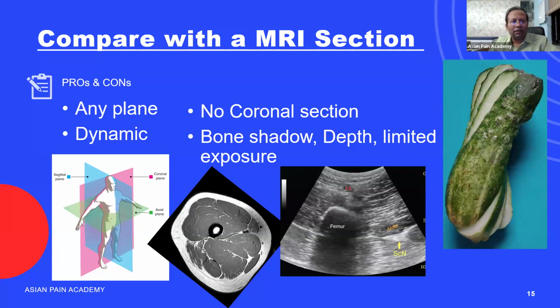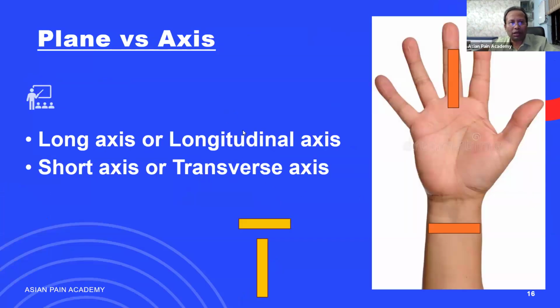Okay. Then comes the concept of axis. Plane versus axis. So what is the meaning of plane versus axis? Understand that plane, as I told you, is axial plane, sagittal plane, coronal plane. Coronal plane is not there in ultrasound, so we will not talk about that.